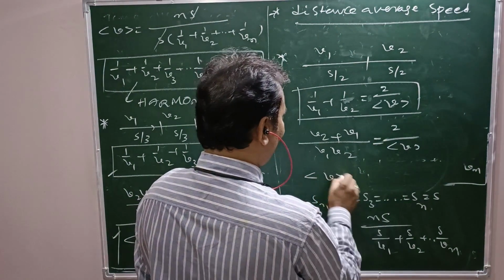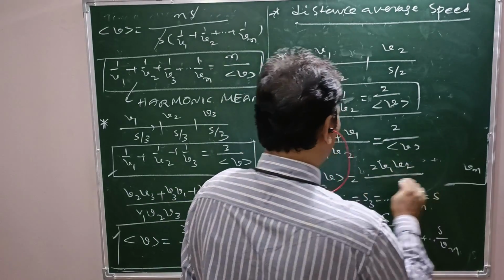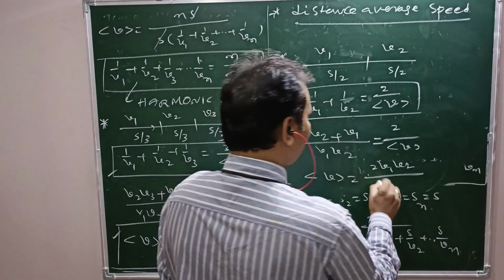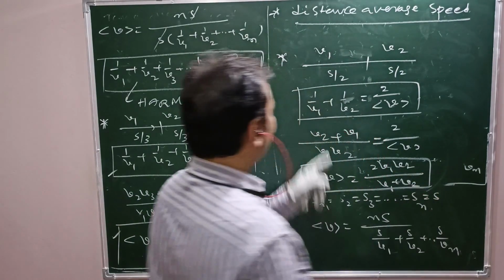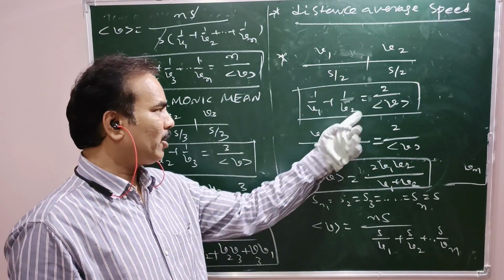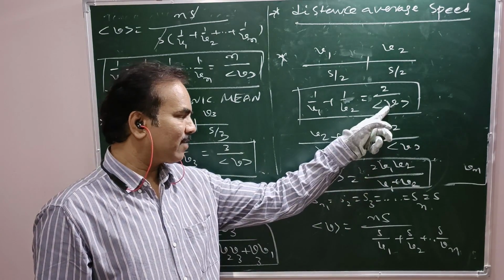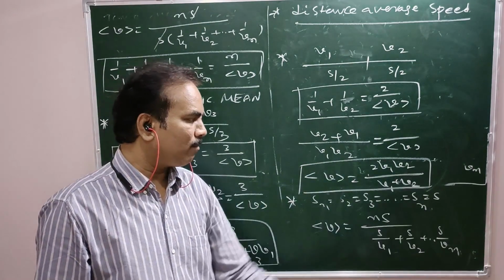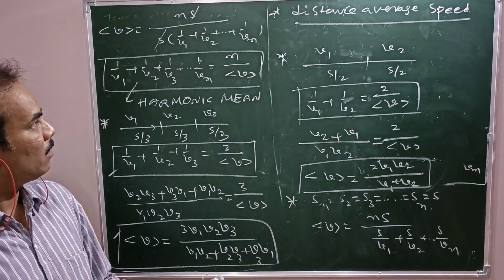That is V average equal to 2 times V1 V2 divided by V1 plus V2. So these two expressions are one and the same: either 1 by V1 plus 1 by V2 equal to 2 by V average, or V average equals 2 V1 V2 by V1 plus V2.